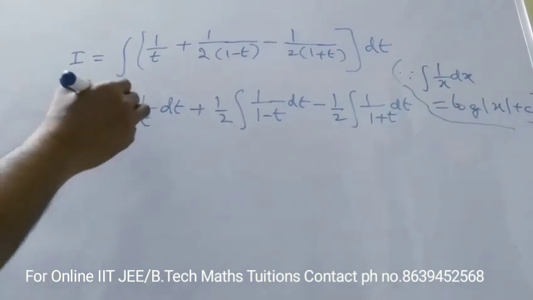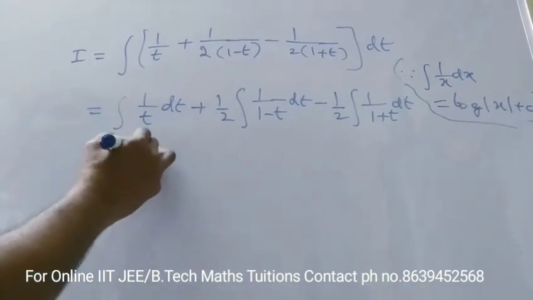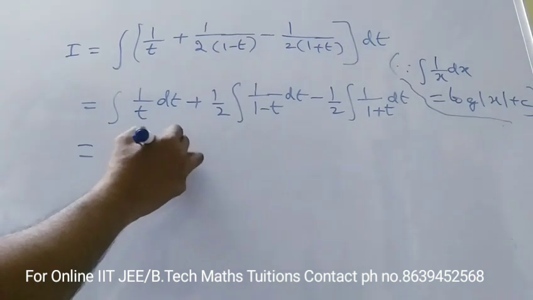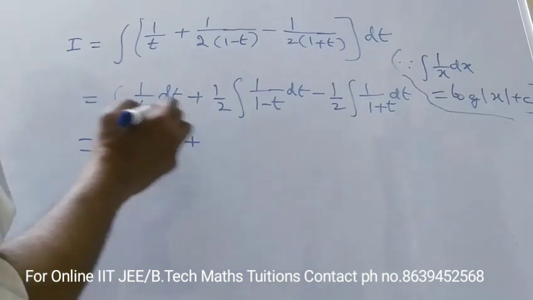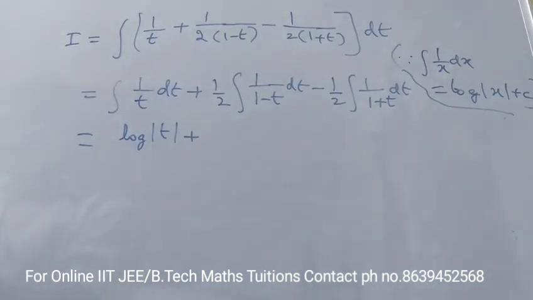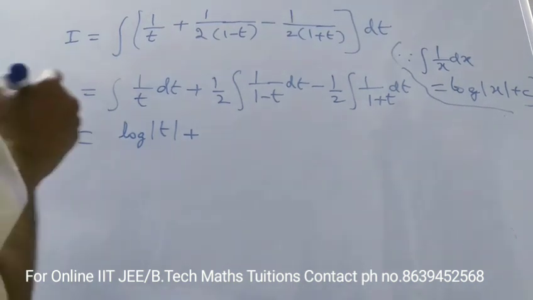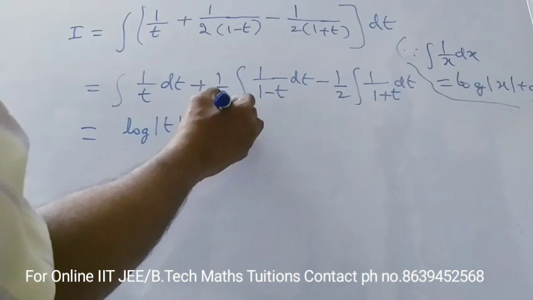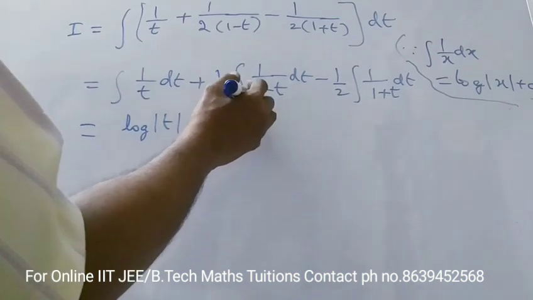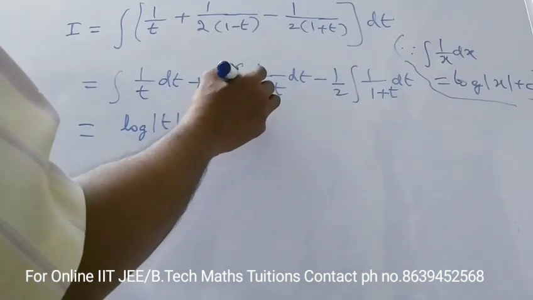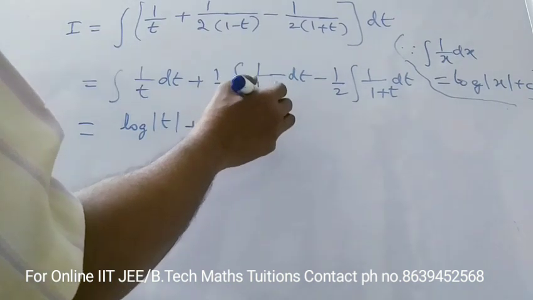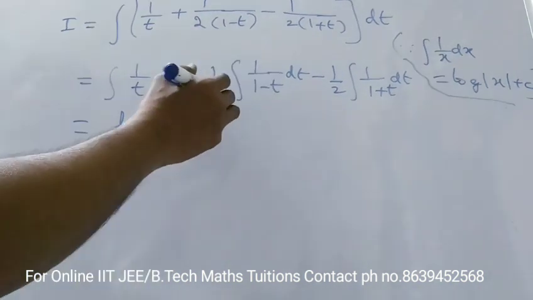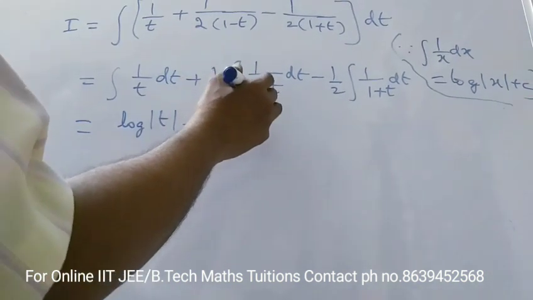This is equal to log modulus t, plus integral of 1 by 1 minus t dt, that means minus log modulus of 1 minus t.